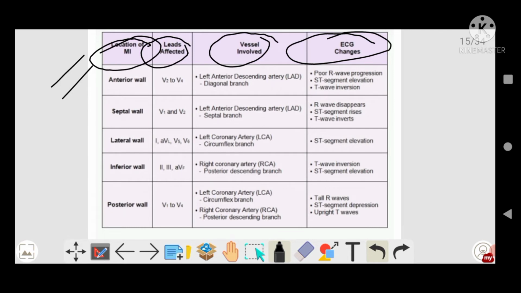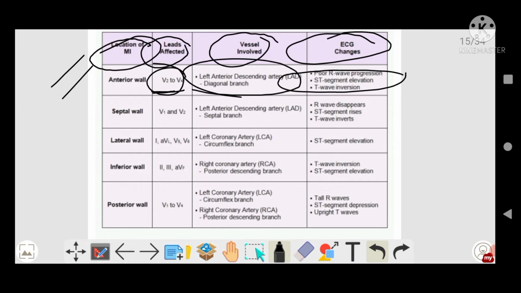If I talk about anterior wall MI, we look at V2 to V4. The involved vessel is the left anterior descending artery, the main artery. ECG changes are poor R wave progression, ST elevation, T inversion.